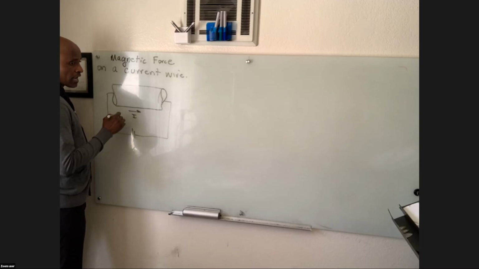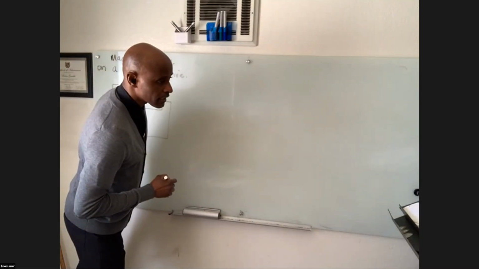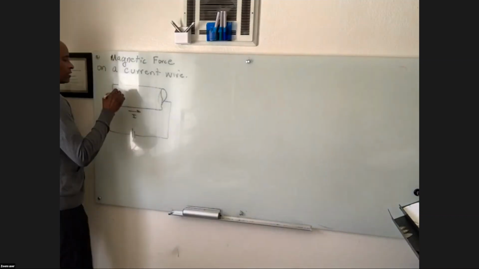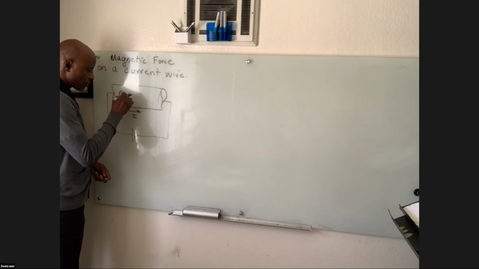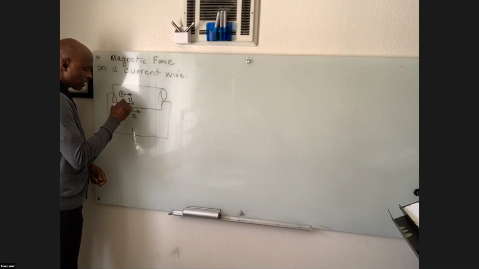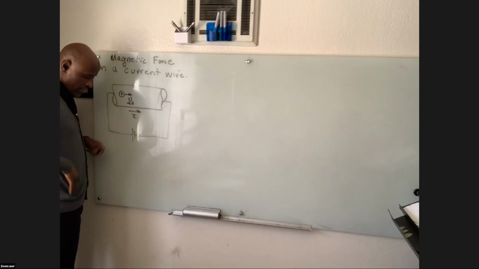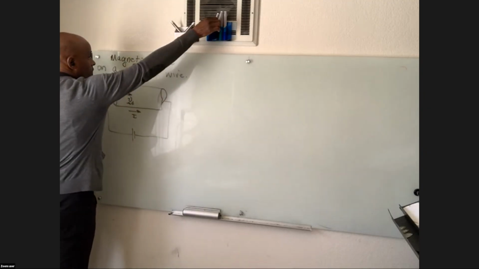And we have an object that is experiencing a drift velocity. So we'll go with a hole again. And the hole is drifting with v sub d through a cross-sectional area that is a cross-section of the wire.